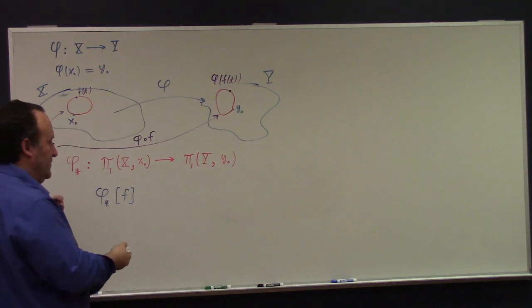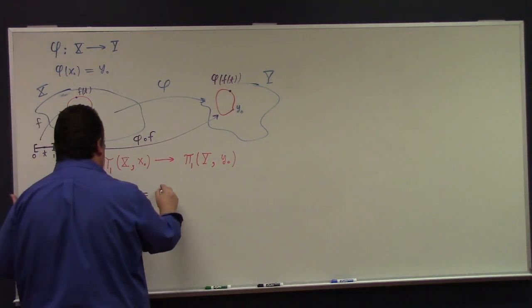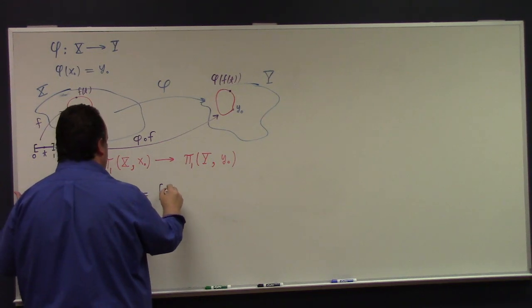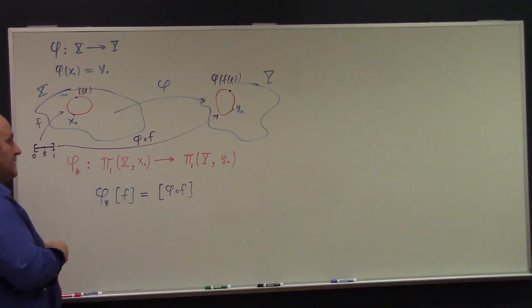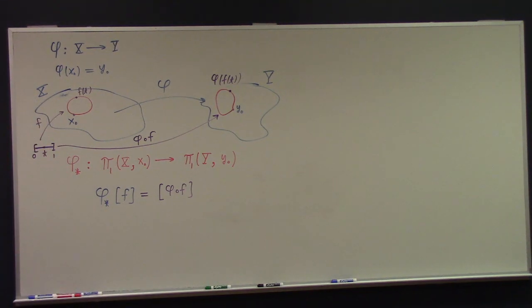So the induced homomorphism is simply defined to be the equivalence class of phi composed with f. So that gives us a homomorphism from the fundamental group of x based at x naught to the fundamental group of y based at y naught.